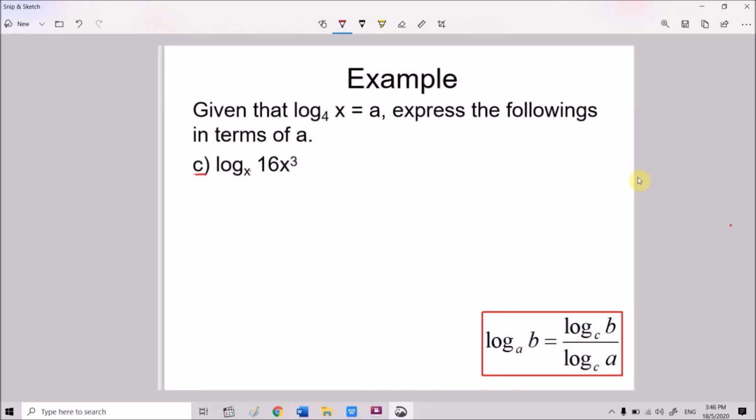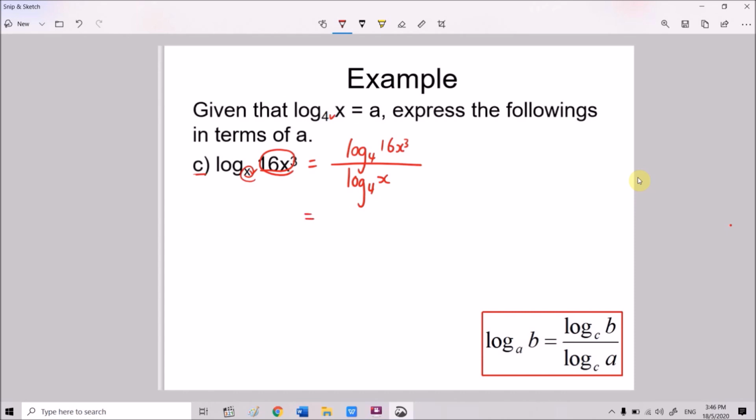Question C, here again we have a base x, but here base 4. So it's very obvious we need to change it so that it has base 4. So the 16x to the power of 3 becomes 16x to the power of 3, and the x here is here.